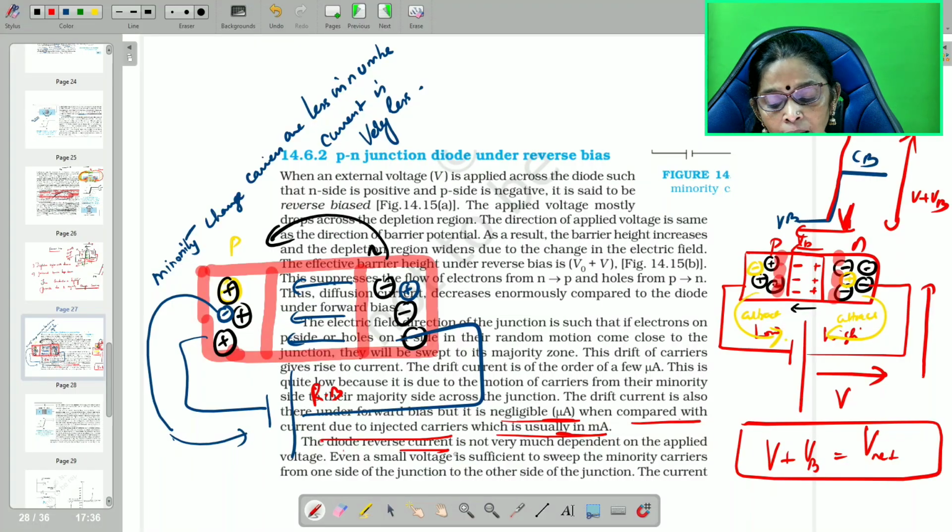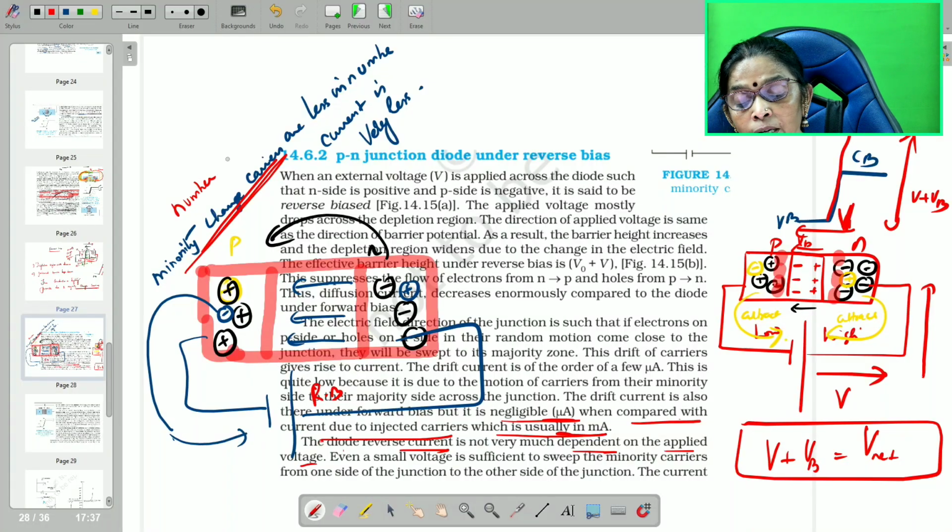The diode reverse current is not very much dependent on the applied voltage. You may be wondering that if you increase the applied voltage, the conduction is possible because its pulling power is more. No, it depends only on the number density of minority charge carriers.